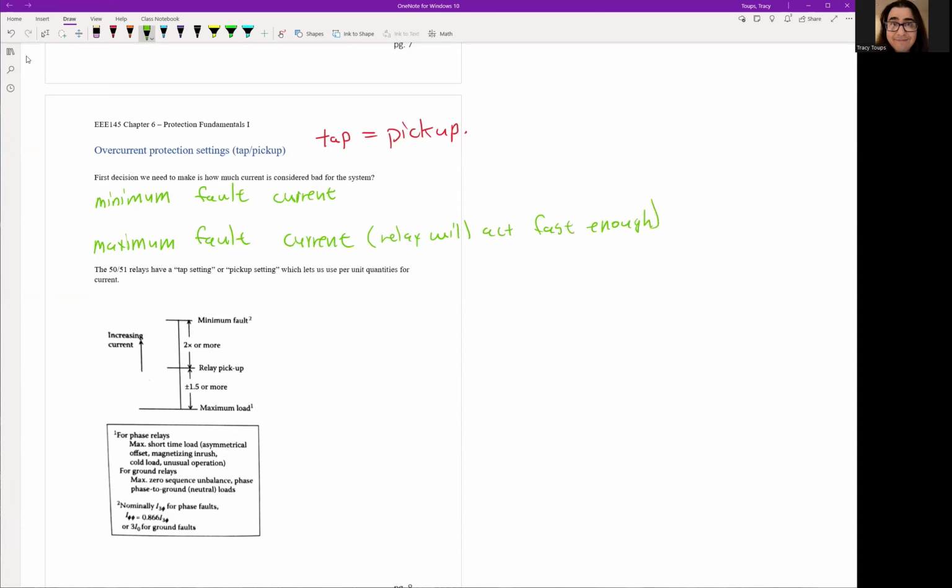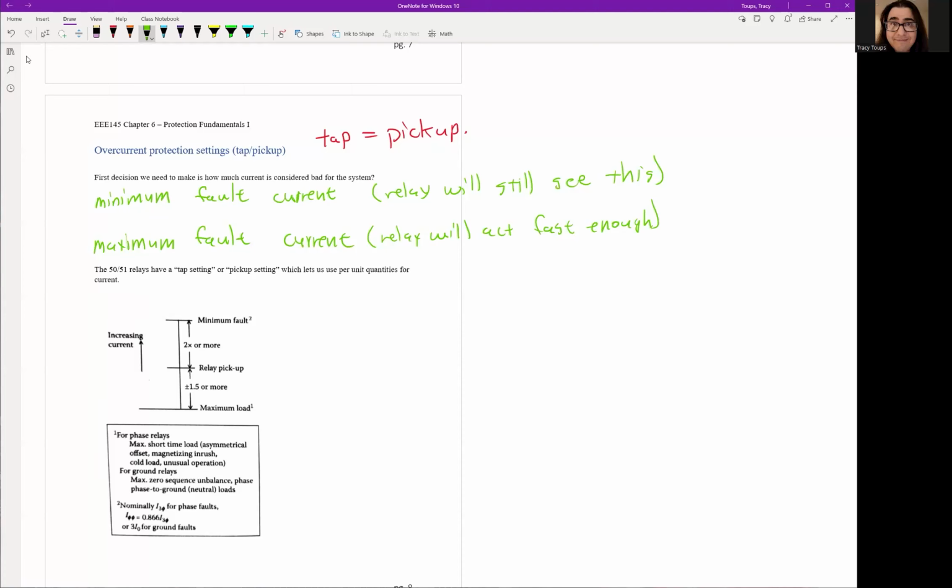And then minimum fault current is there to make sure the relay will still see this, right? Because a minimum fault current means the current level is not that high. So if I choose the wrong tap setting on my mechanical relay, I might actually have the tap setting too high, and the minimum fault current will just go through the relay and the relay won't even move. The disk won't even move. It'll just sit there and think everything's okay, and then you're going to burn the system down.